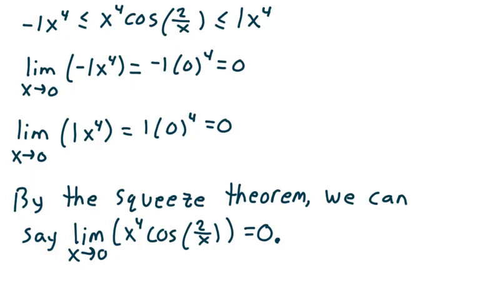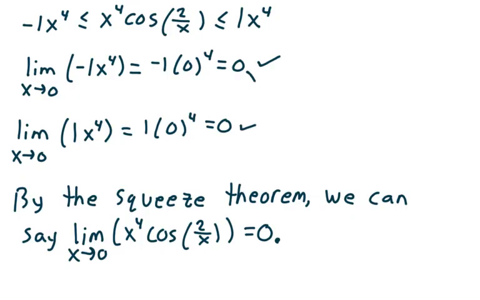Now we get to start applying the squeeze theorem. So let's take a look at the limit as x goes to 0 of negative 1 x to the 4th. By direct substitution, that's equal to negative 1 times 0 to the 4th, which is equal to 0. And if we look at the limit as x goes to 0 of 1 x to the 4th, we get 1 times 0 to the 4th, which is equal to 0.